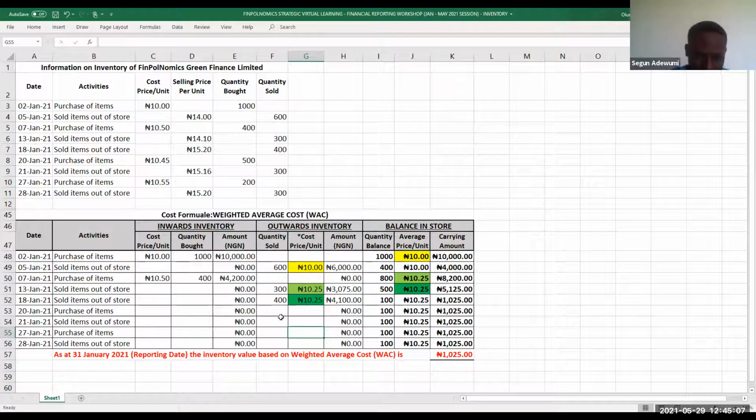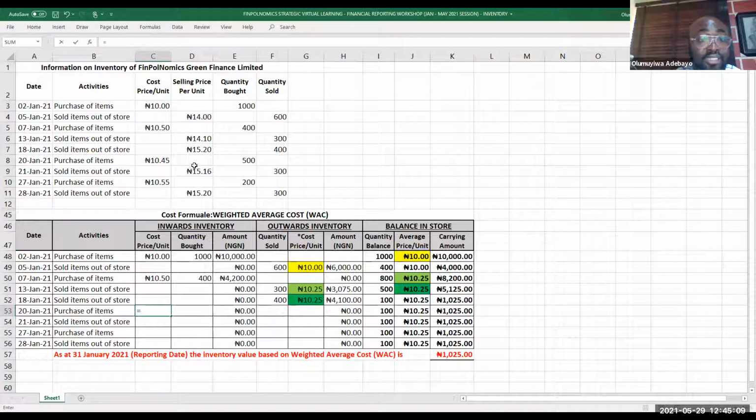Now, on the 20th, I made a purchase at a price of 10.45 kobo. The units was 500. Okay, and on the 21st, I sold an item of 300 out. And what is the new weighted price? It's 10.42 kobo.